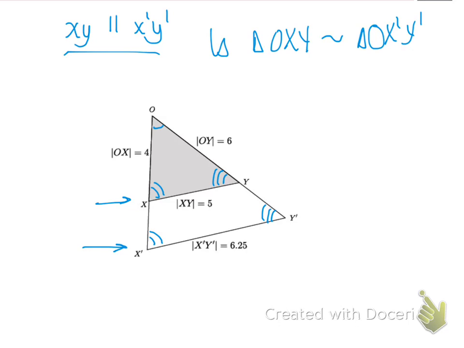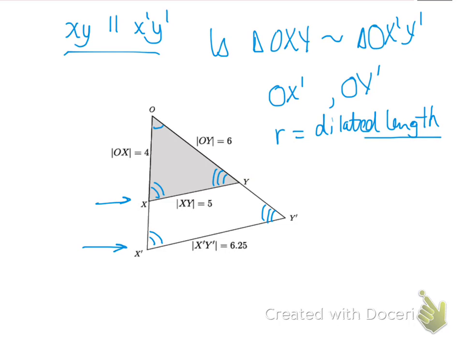We could also find out some missing lengths using the scale factor. So we want to find the length OX prime and the length OY prime. So first we need to know what the scale factor is. So scale factor, remember, is always the dilated length over the original length.